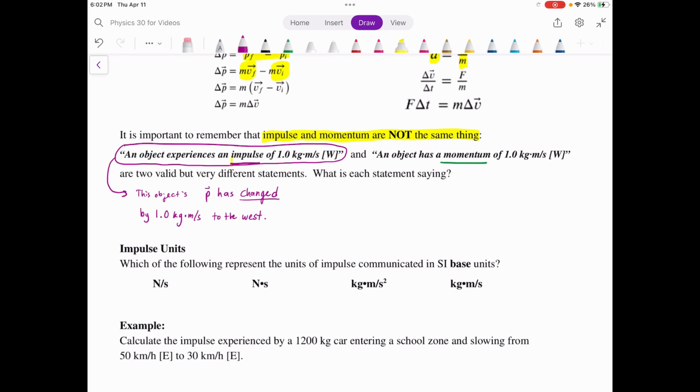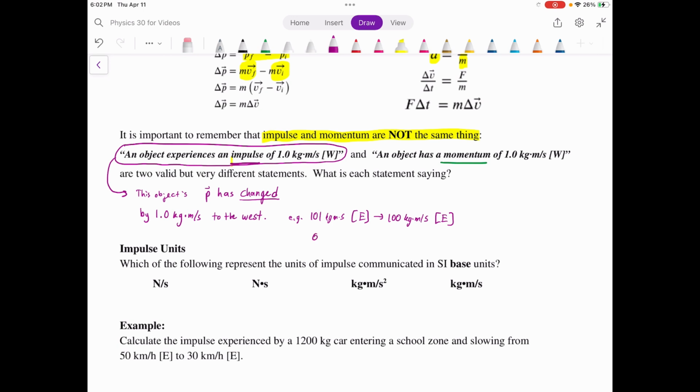So that could mean it had 101 kilogram meters per second to the east, and now it has 100 kilogram meters per second of momentum to the east. That is a change of 1 kilogram meter per second to the west, right? 1 kilogram meter per second less east, right? That is an impulse of 1 kilogram meter per second to the west.